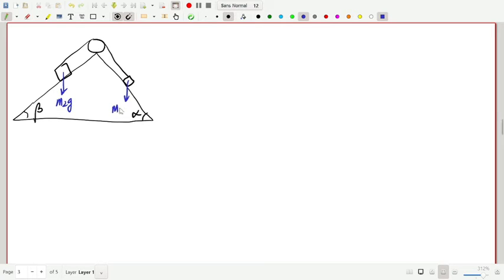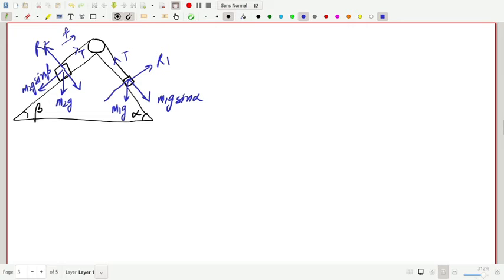Its mass is M1G. This is M2G sine beta. This is M2G cos beta. This is reaction R2. Here it is tension T. Here it is reaction R1. This is M1G sine alpha. This is M1G cos alpha.